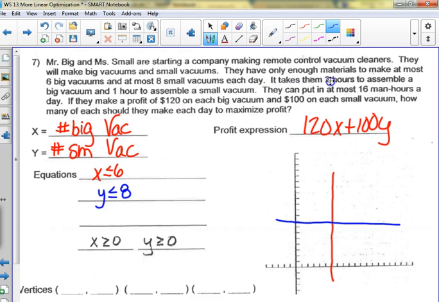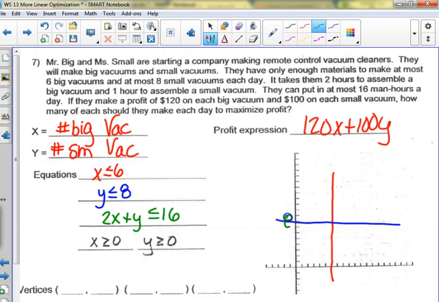All right, it takes them 2 hours to put together a big one, 1 hour to make a little one, and working together, there's 16 man hours that they can work with. So it's 2 hours for a big one and 1 hour for a small one, less than or equal to 16. I assume they're each working 8 hours and there's 2 of them, so it's 16 man hours. What is that one going to look like?